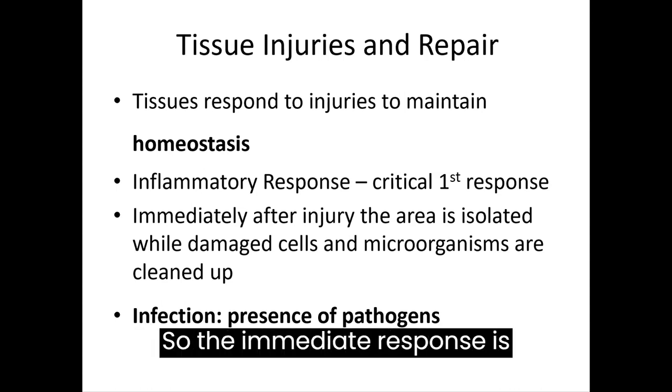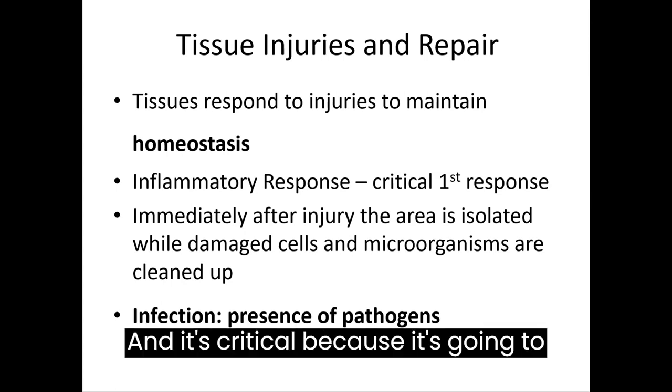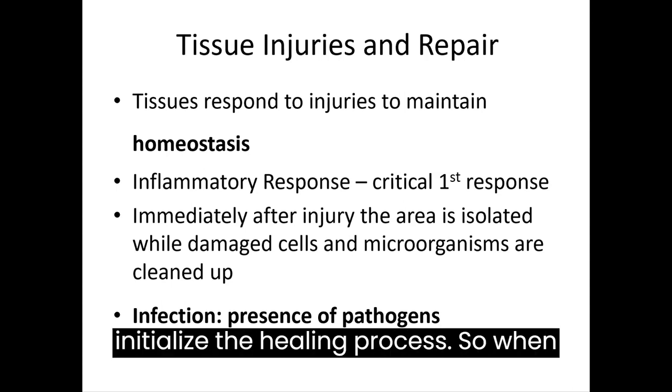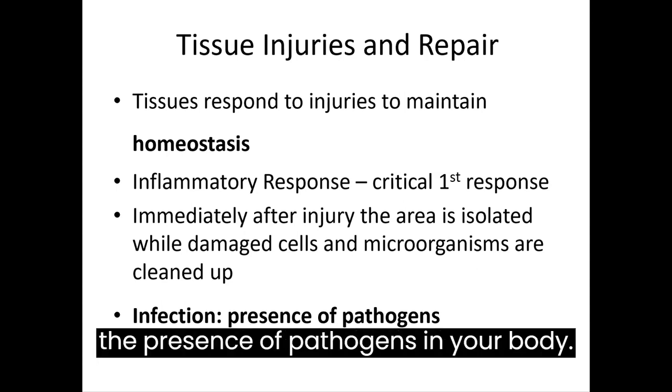And so the immediate response is inflammation or inflammatory response. And it's critical because it's going to isolate the area to try to prevent further damage, and it's going to initialize the healing process. So when you hear infection, infection just means the presence of pathogens in your body.